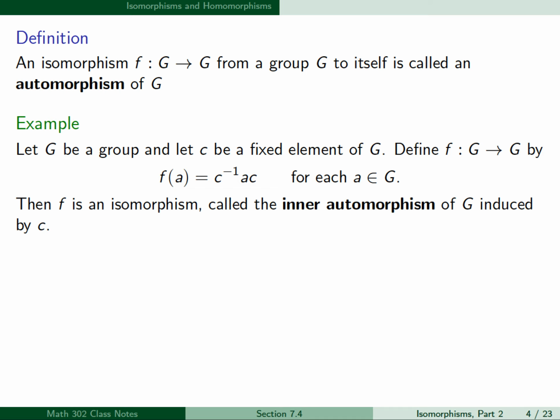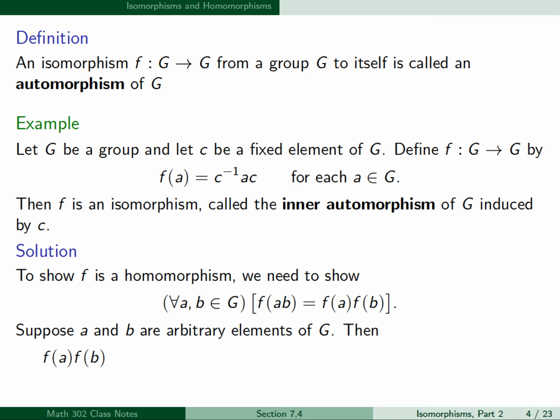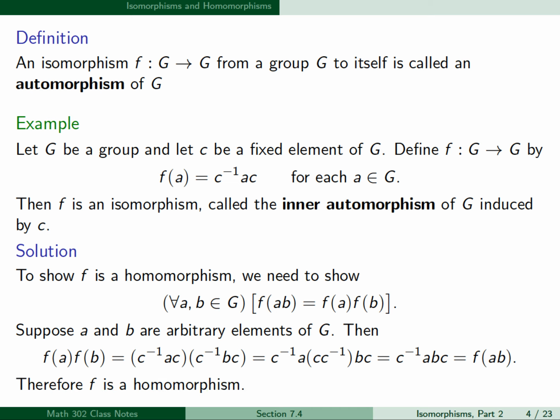So suppose a and b are arbitrary elements of G. Starting with the right side, f of a times f of b is c inverse a c times c inverse b c, which, using the associative property, is c inverse a times c inverse c times b c, and the c inverse c in the middle equals the identity, so this will be c inverse a b c, which is equal to f of ab, the left side of the identity, and therefore f is a homomorphism.